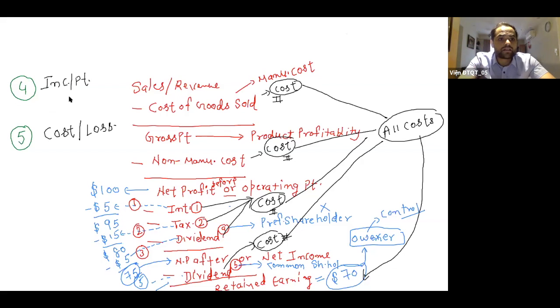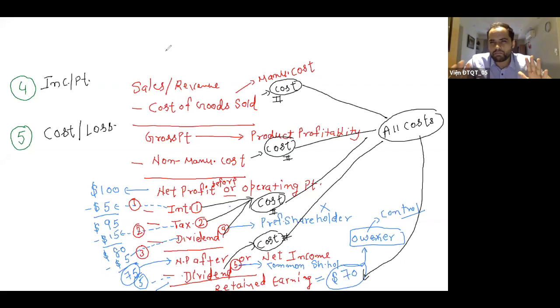Only one common shareholder? No, common shareholders cannot be just one. It could be 2, 5, 10, 15, depends, right? It could be more than one, or maybe one, but there is no limitation on the number of common shareholders. These common shares and preference shares, you don't have to study in much detail for financial accounting.